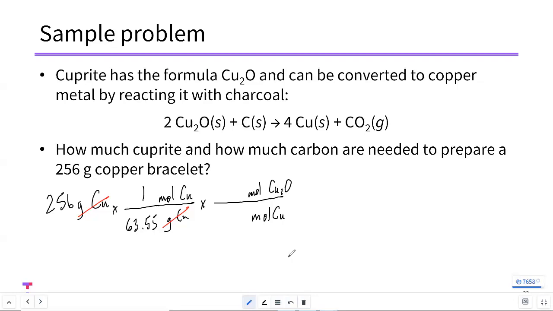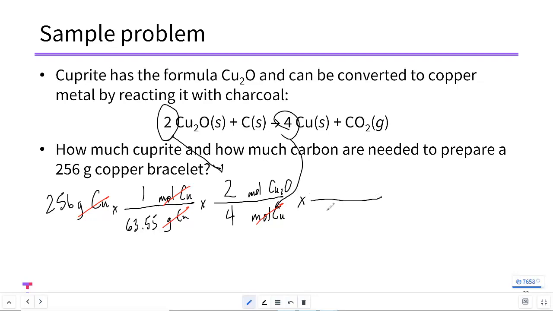The coefficients tell us that every 2 moles of cuprite will react with 1 mole of carbon to make 4 moles of copper and 1 mole of carbon dioxide. So I literally just drag down the coefficients from my balanced chemical equation to fill out this portion of the conversion. Moles of copper cancel. I'm left with moles of cuprite.